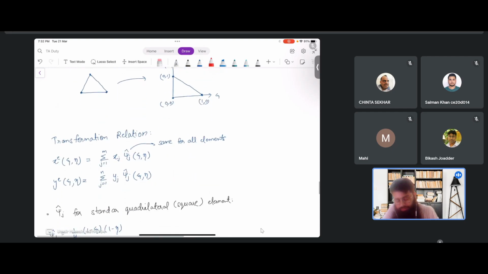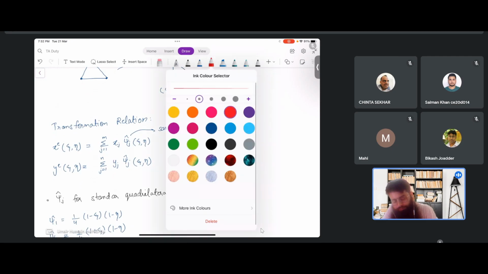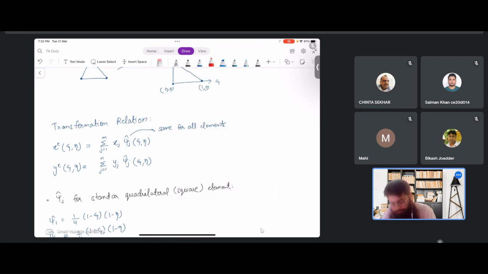However, the relationship to find the mapping function is still the same as before. Now we have y coordinates and eta coordinates also, so we have one more relation here. If we want to extend this concept to a 3D system, we would have another equation for the z coordinate.